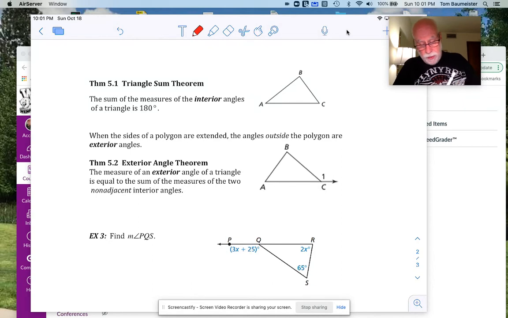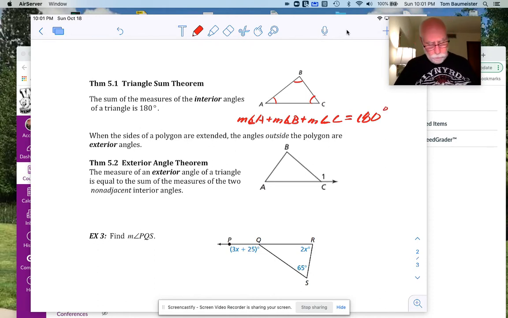So what they're saying is the interior, that means the inside of the triangle. So that would be all of those. And since we're talking about measure, we're going to say M, the measure of angle A, plus the measure of angle B, plus the measure of angle C is equal to 180. That is what that theorem is stating to us.